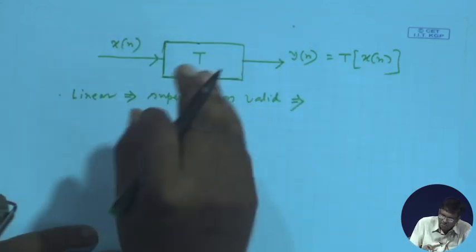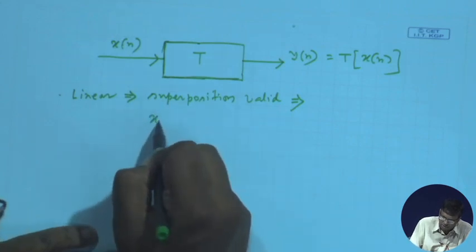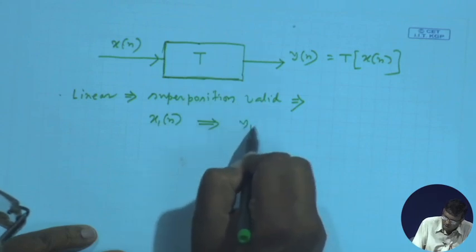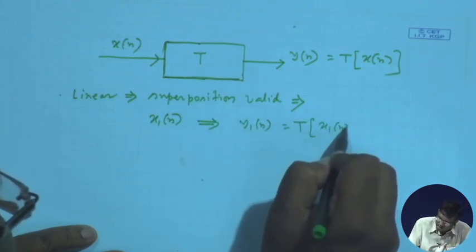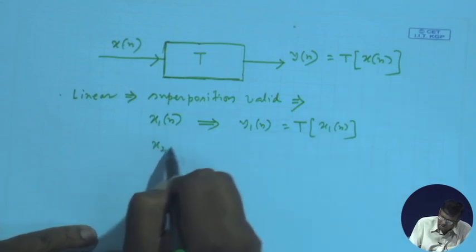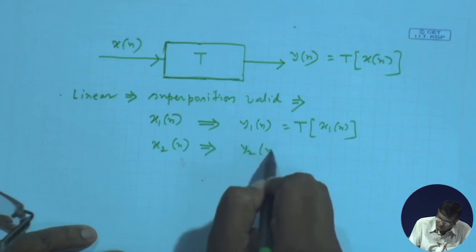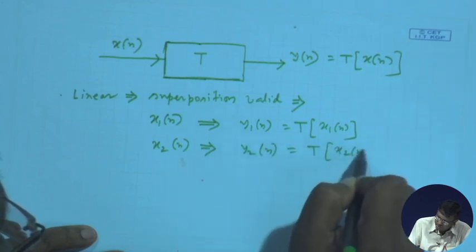Now, if it is linear, superposition will be valid. Suppose I give one input x 1 n and the output is y 1 n, which is nothing but T working on x 1 n. Suppose I give another input x 2 n and find out the output, and I call it y 2 n, which is nothing but T x 2 n.